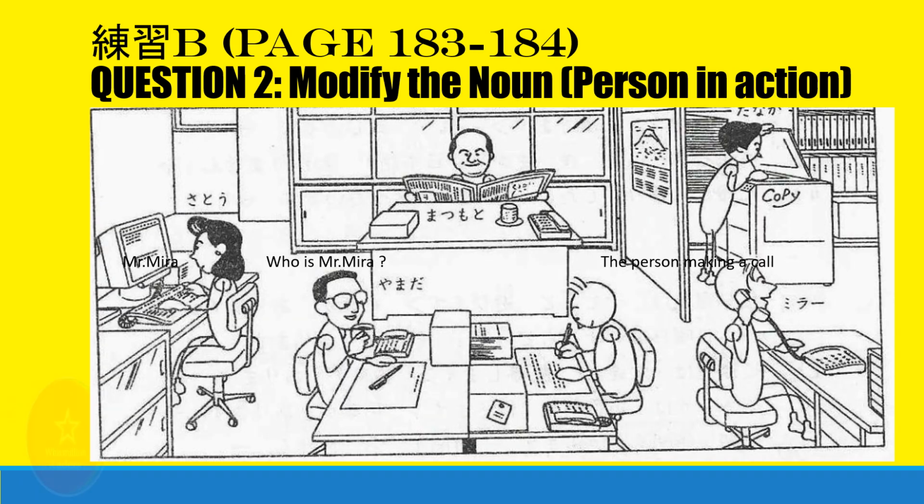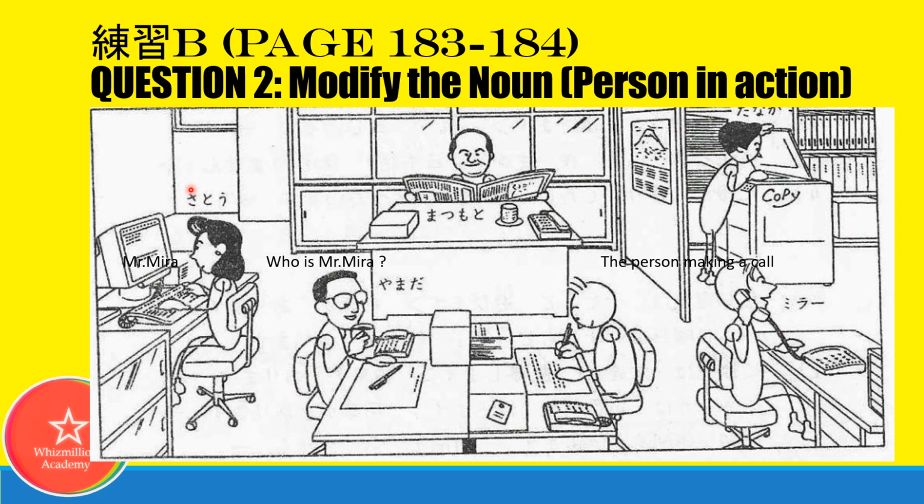Question number 2. Over here, we are modifying a noun that is a person in action. As you can see from this picture, there are 6 people here. Starting with the first person, his name is Matsumoto. Matsumoto is reading a newspaper. As for the second picture, here is Yamada-san. Yamada is drinking coffee.